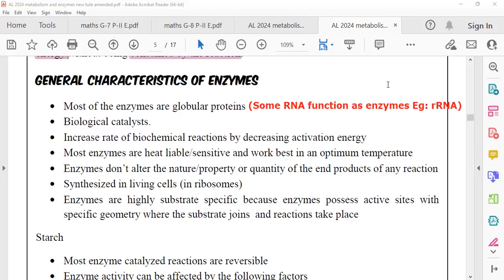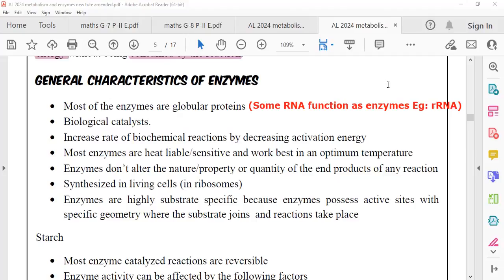What is optimum temperature? It is the temperature at which a particular enzyme will work at its best. Understood?